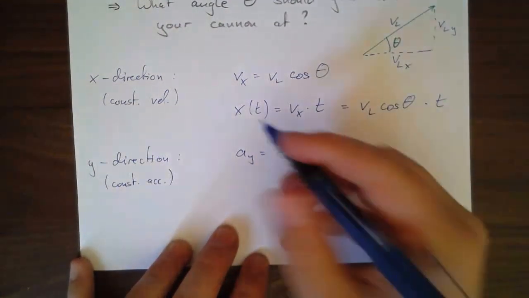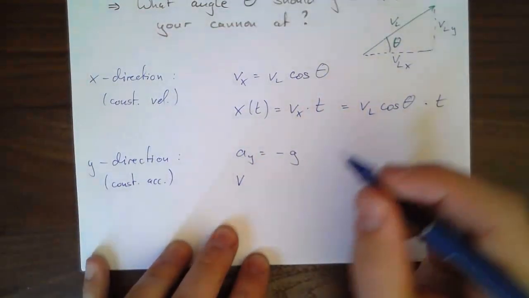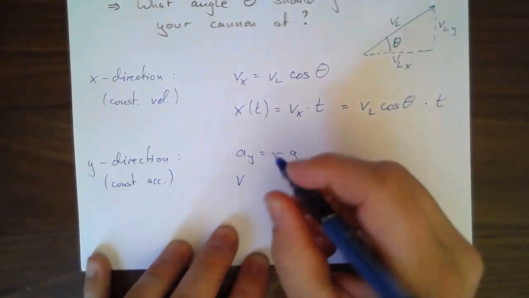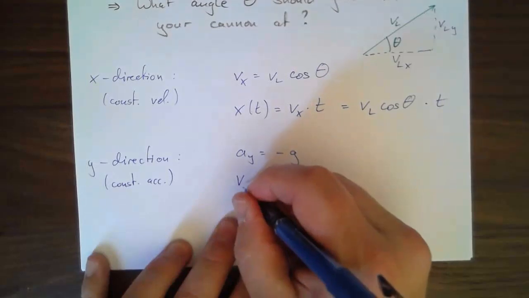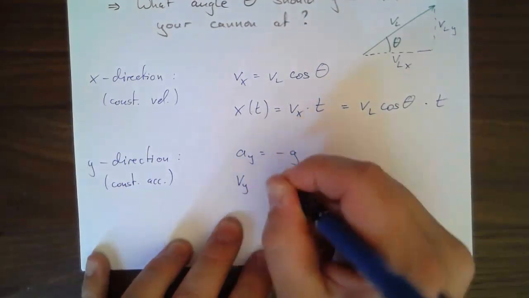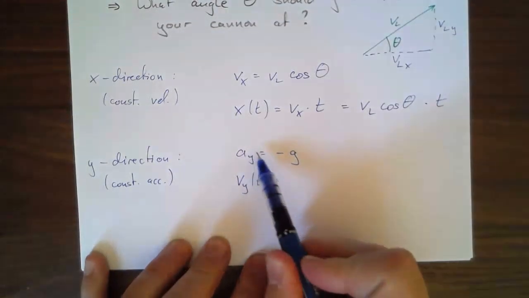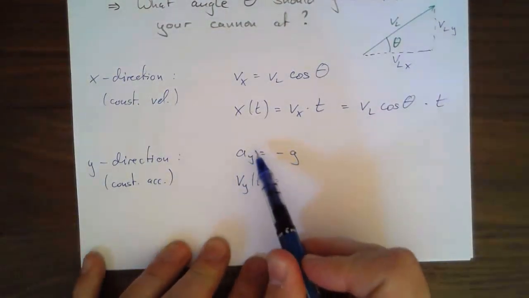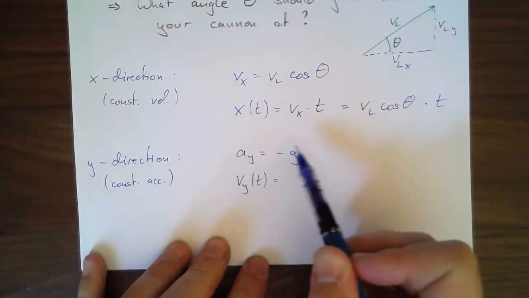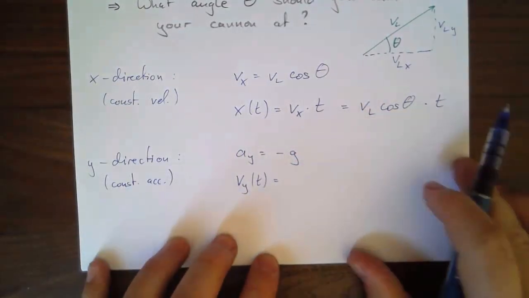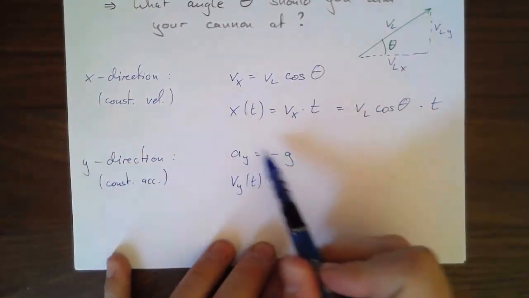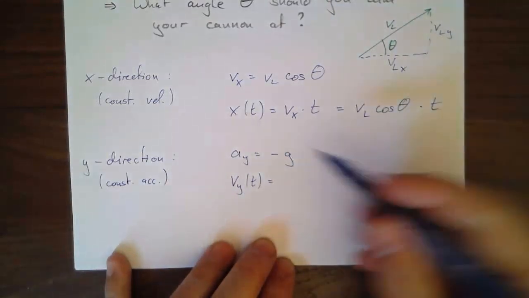Okay, so I have this part. Let me think. So I guess I can write down what the y velocity is, Vy as a function of time. The acceleration doesn't have a time dependence. I could write a of t equals minus g as a constant function, but for our purpose it's just a constant, because we assume it's constant.